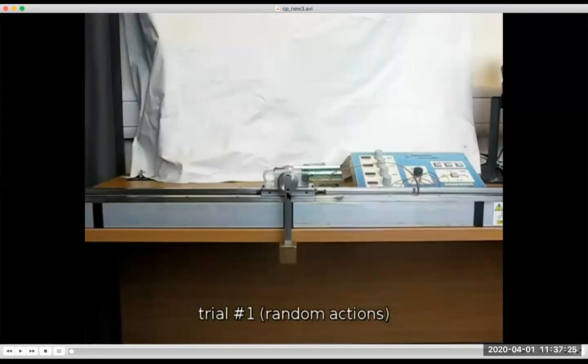You have a cart which is running on this track here, and we have a pendulum attached to the cart which is freely swinging. And now the idea is to push the cart, or to learn a strategy that pushes the cart left and right, that then swings the pendulum up and balances it in this inverted position in the middle of the track.